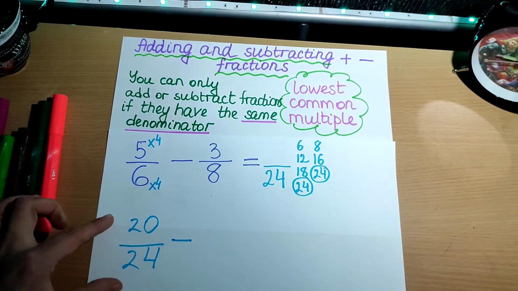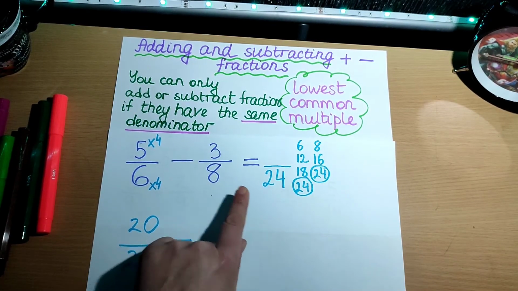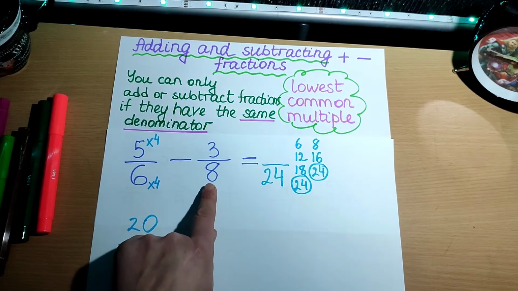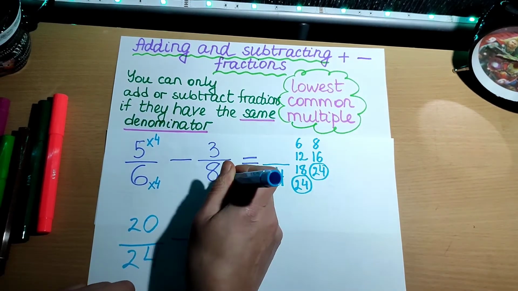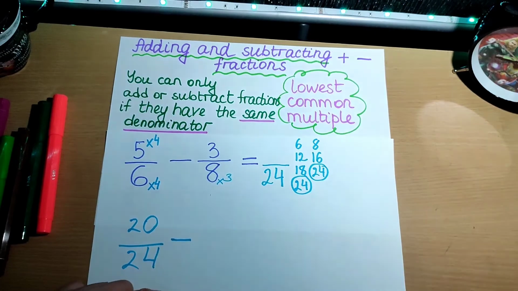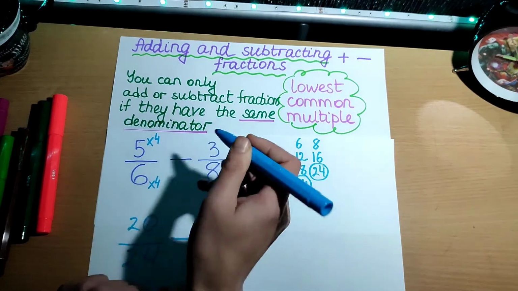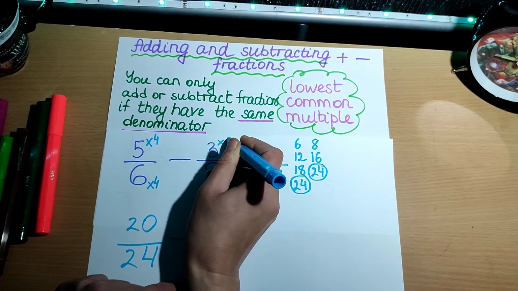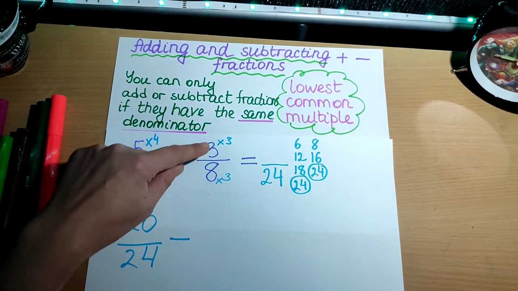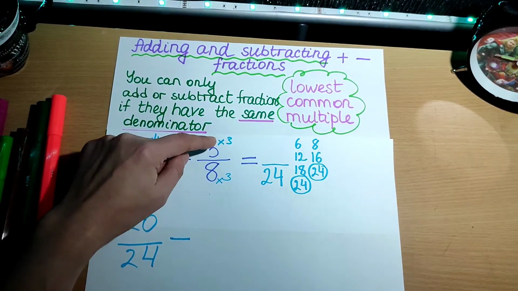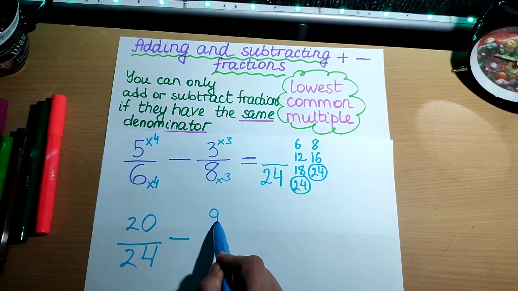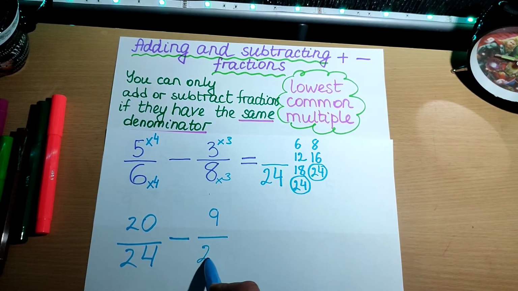Okay, how do we turn 8 into 24? We multiply 8 by 3. Whatever we do to our denominator, we need to do the same to our numerator. So it's not 3/8 anymore, it's 9/24.